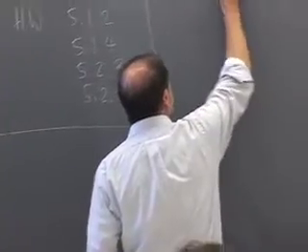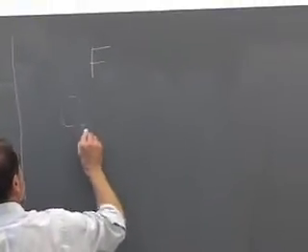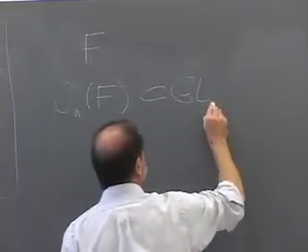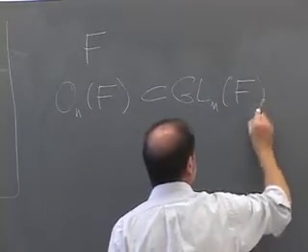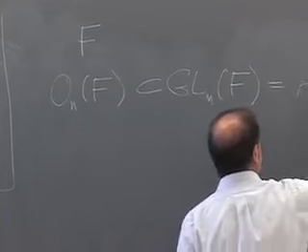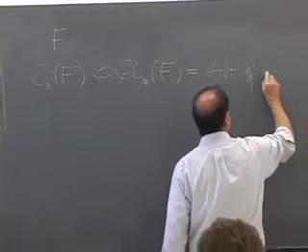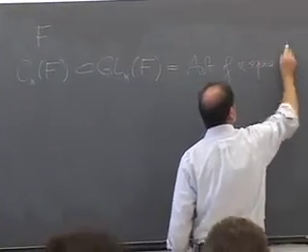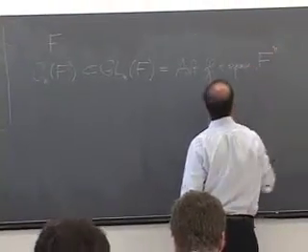So last time I had defined for you the orthogonal groups, over a field F. We had a subgroup O_n of F that was a subgroup of GL_n of F, which we viewed as the automorphisms of the vector space F to the n.